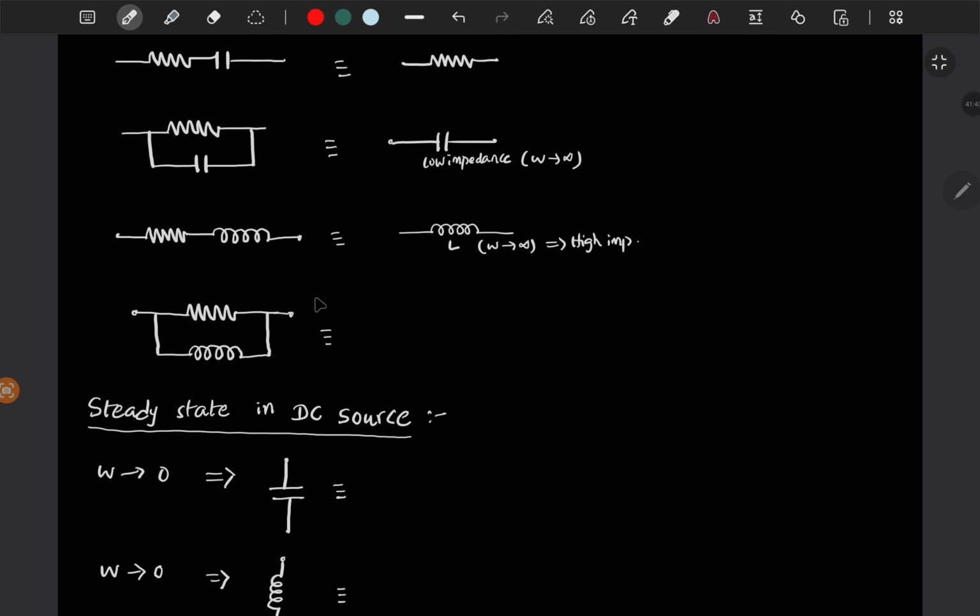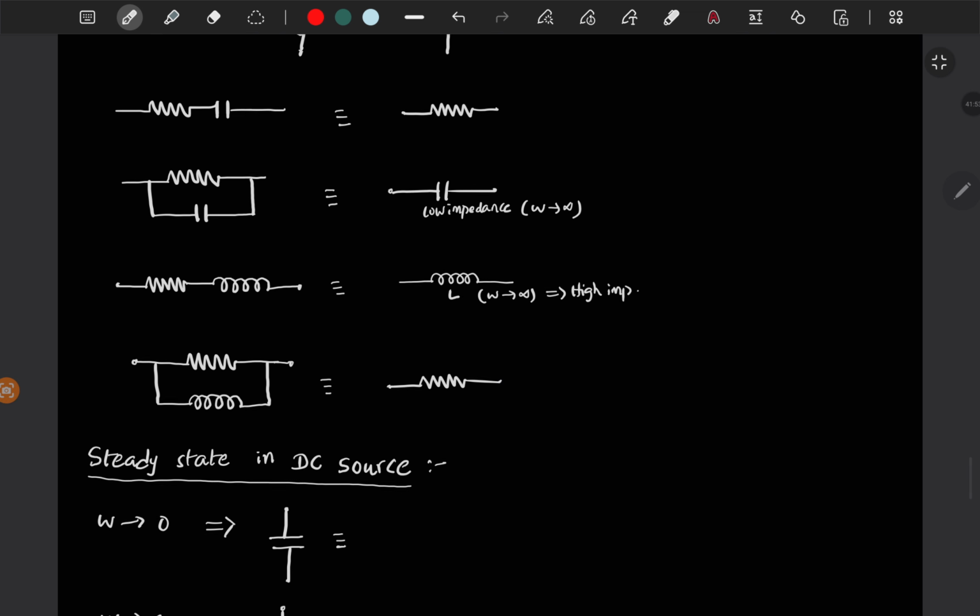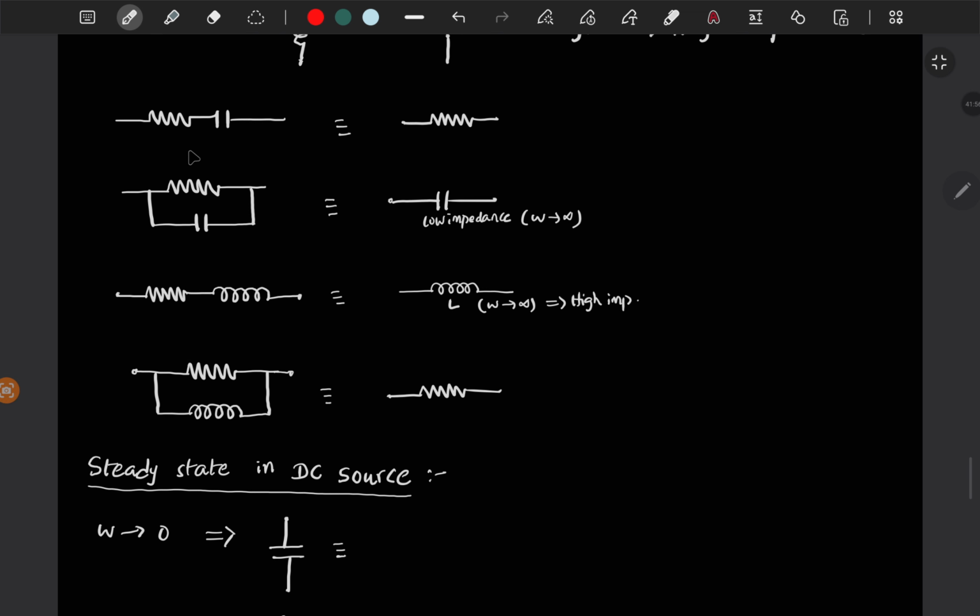So if omega tends to infinity, this impedance tends to open circuit and you will get only a resistor. That is how the circuit behaves at that instant for resistor and capacitor or resistor and inductor combinations.